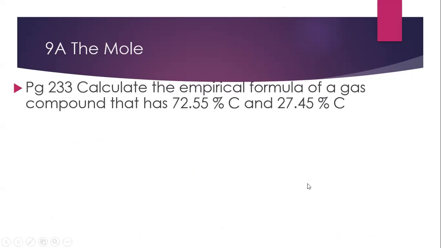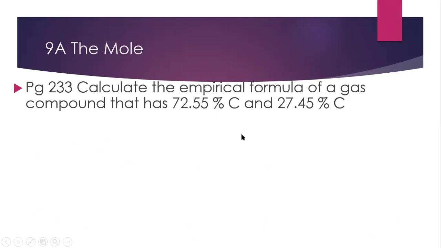Okay, so now we've got another example of empirical formula. Calculate the empirical formula of a gas compound that has 72.55% carbon and then 27.45%. Now I wrote these wrong again too, didn't I? We can't have both carbon. Okay, this is carbon.